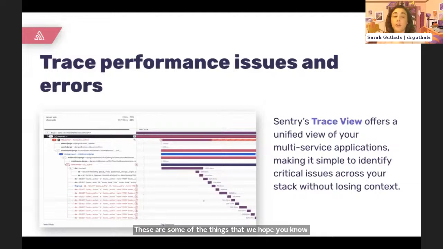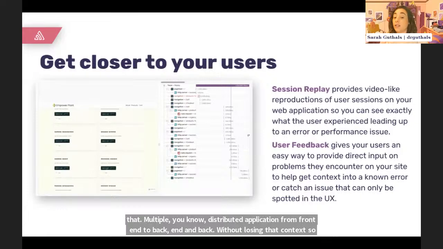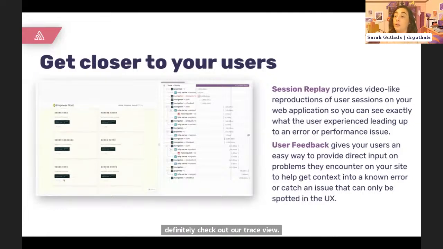So tracing performance issues and errors with our trace view allows you to do distributed tracing across a multi-service application, from front end to back end and back, without losing that context. So definitely check out our trace view. Today we showed a little bit about session replay, which is that video-like reproduction of user sessions.